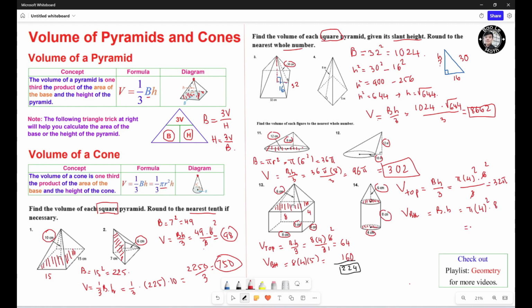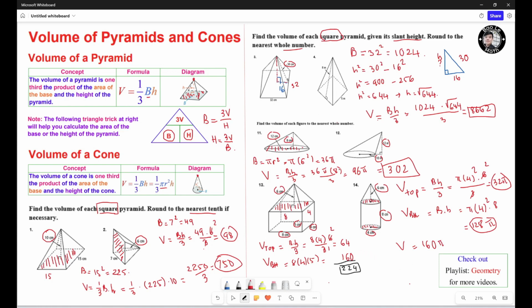So it's going to be 4 squared equals 16. 16 times 8 is going to be 128 pi. Now you need to add these up. So V should equal 32 plus 128. It's going to be 160 pi.